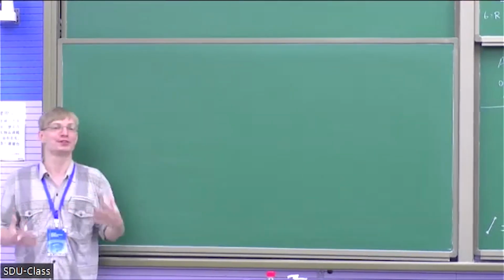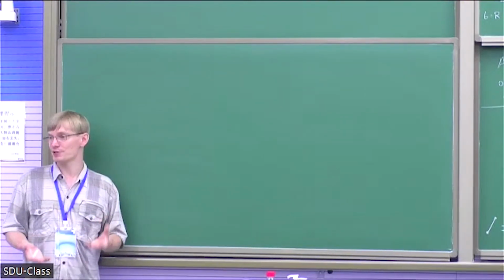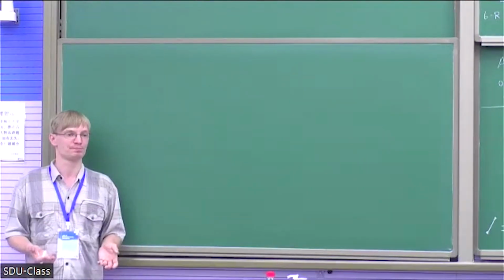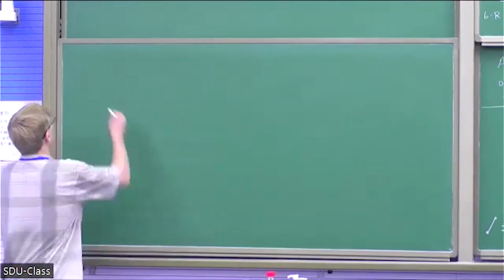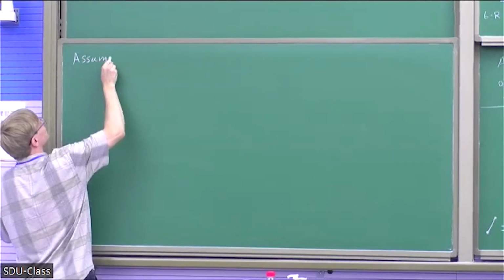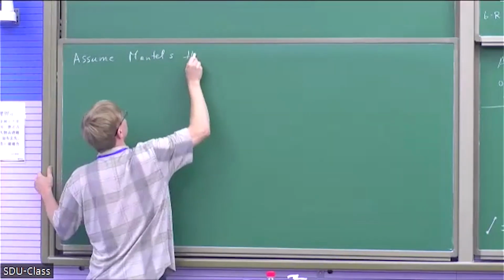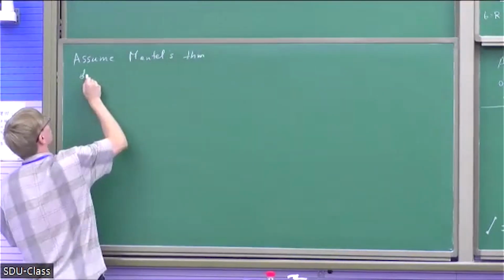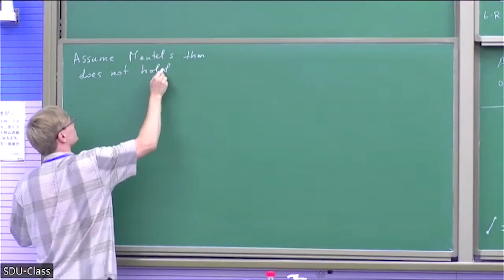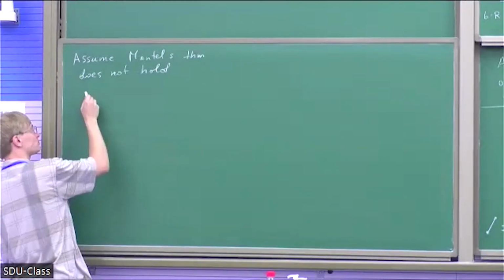Imagine that Mantel theorem for graphs does not hold. What does it mean? It means that there exists some finite counterexample. Assume Mantel theorem does not hold. Okay, so we have some finite counterexample.